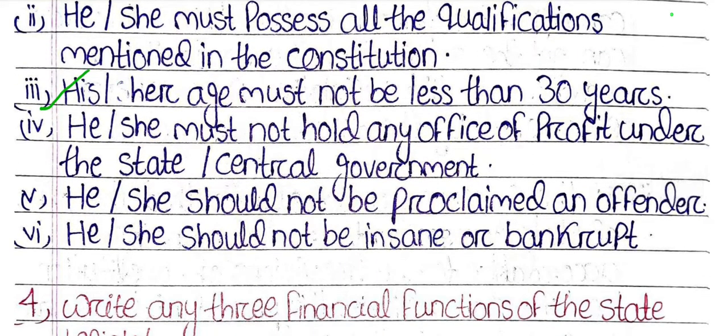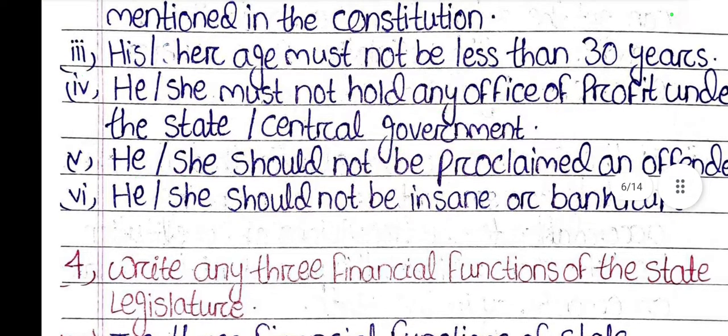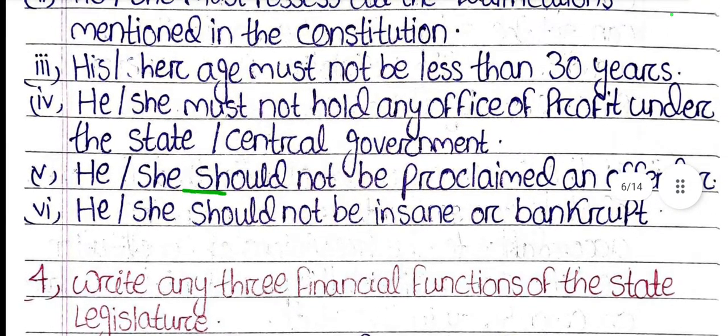The next is, his or her age must not be less than 30 years. Then he or she must not hold any office of profit under the state or central government. Then he or she should not be a proclaimed offender. He or she should not be insane or bankrupt.